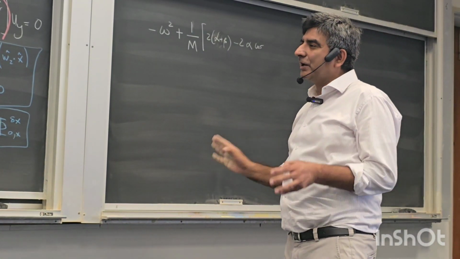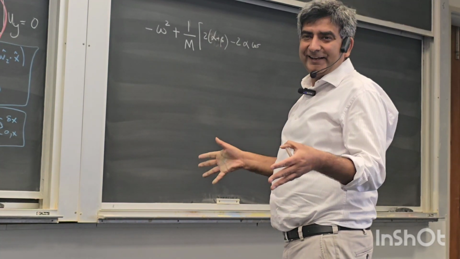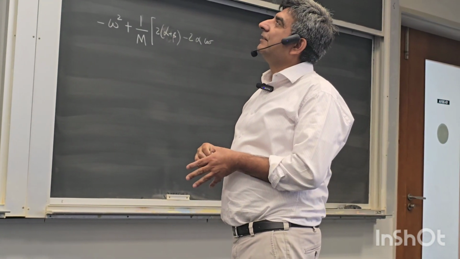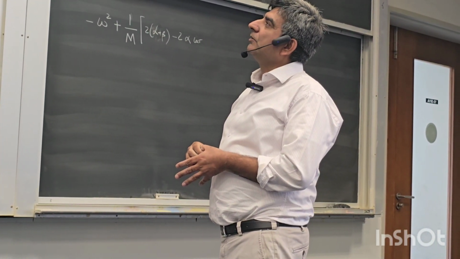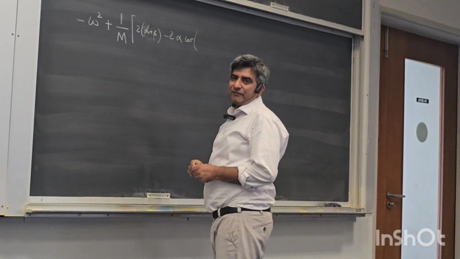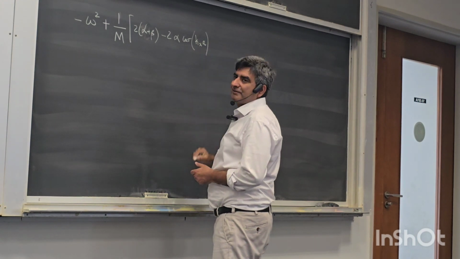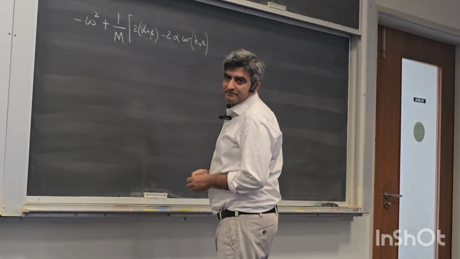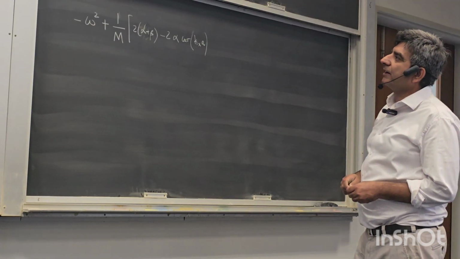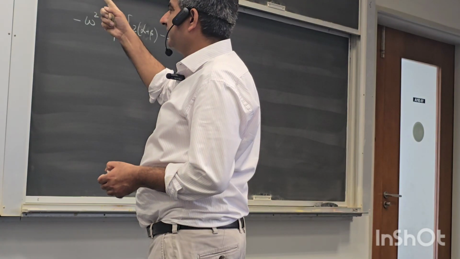Now kw1, w1 is along the x-axis and has a length a, right? So I will get the x component of k, which is kx, into a.